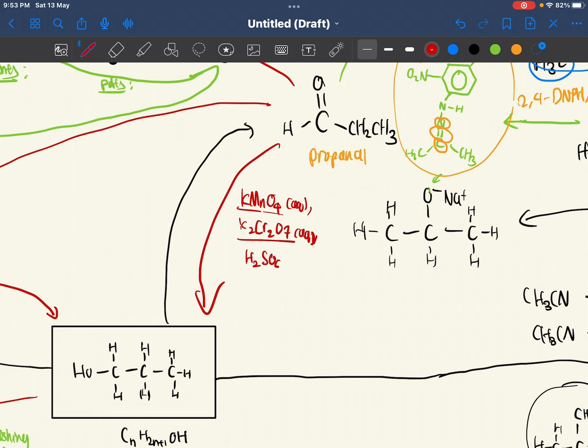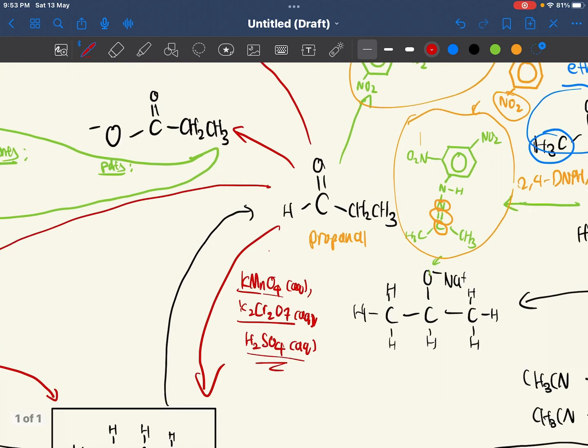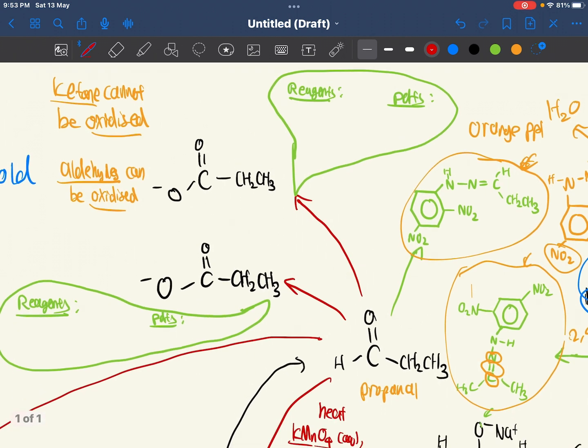We have H2SO4, and if we want to form a carboxylic acid, then we need to use acidic medium. Okay, so that's our first reaction. Don't forget heat.